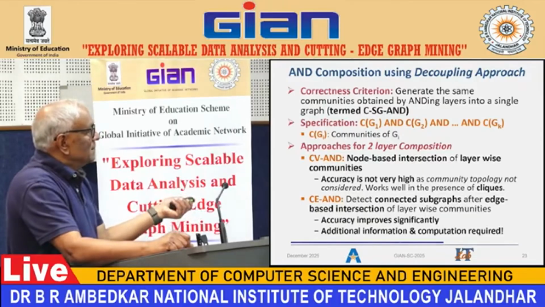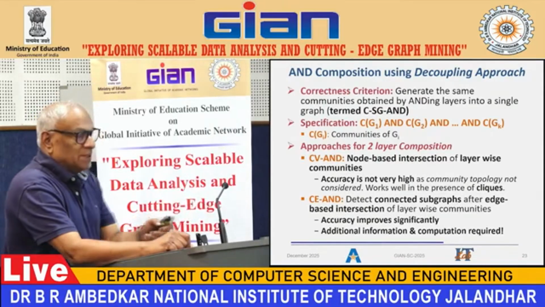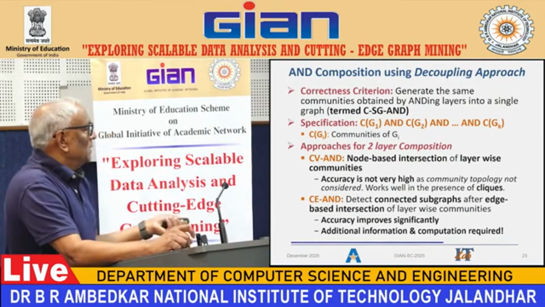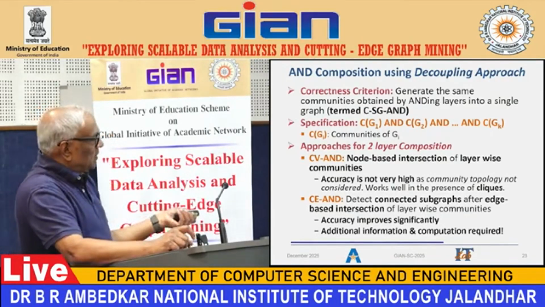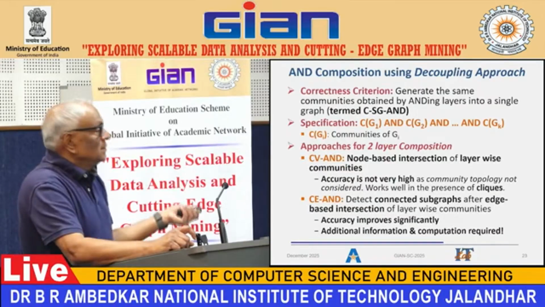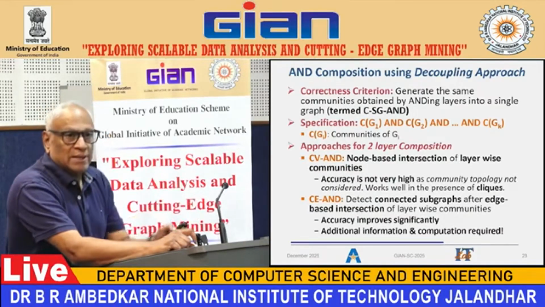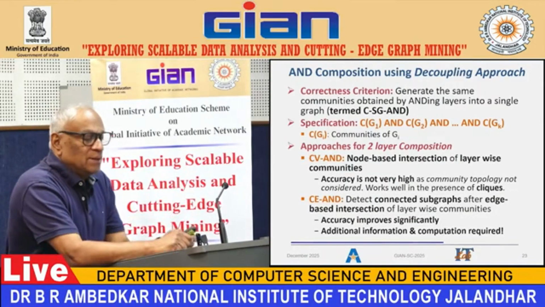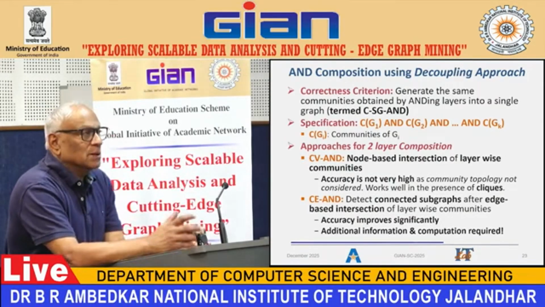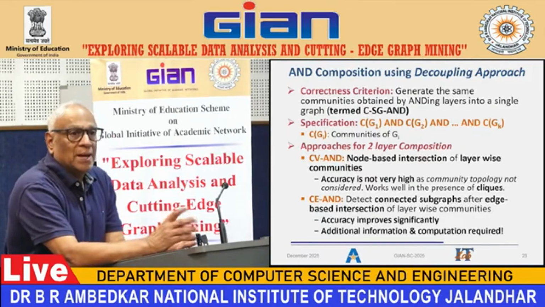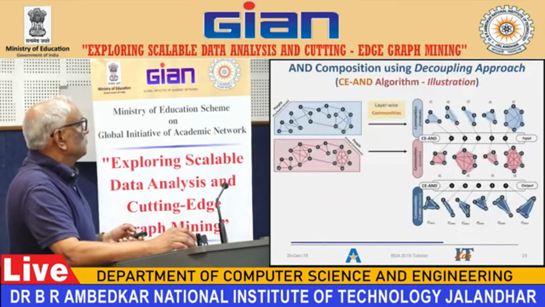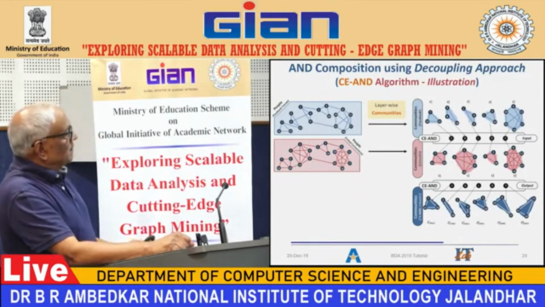What we'll see is that this algorithm is not as accurate as the edge-based algorithm, and the edge-based algorithm takes a little more time than the vertex-based algorithm. So again, always in computer science we have time versus complexity trade-off, accuracy versus time, accuracy versus memory, and so on.